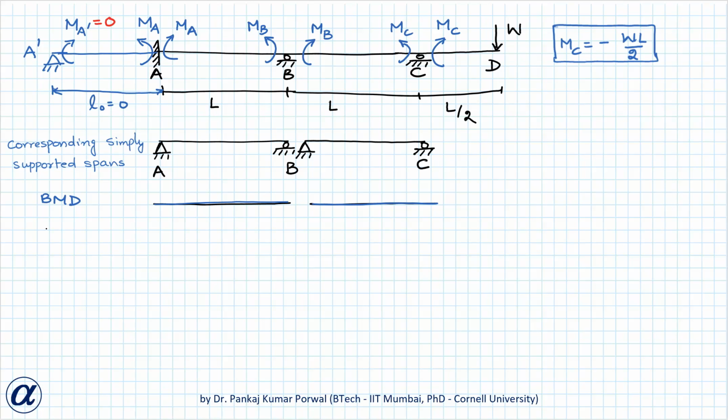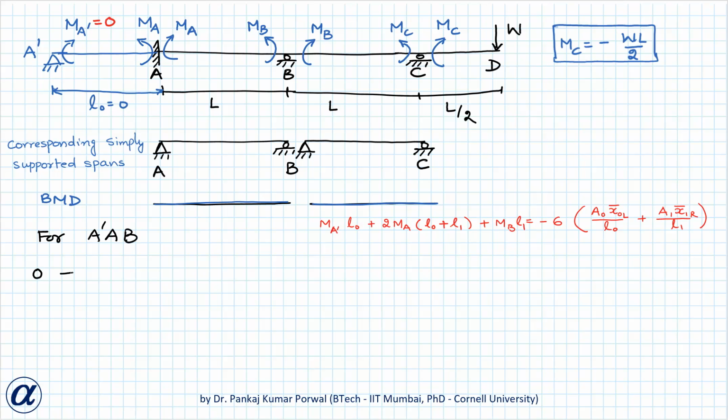So let's write the theorem of three moments for span A dash A B. MA dash is 0 plus 2MA, L0 is 0, plus L1 is capital L, plus MB.